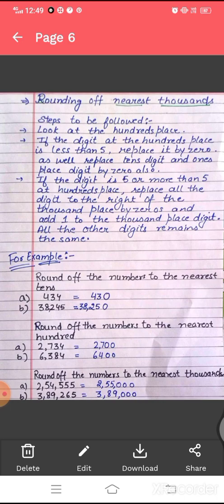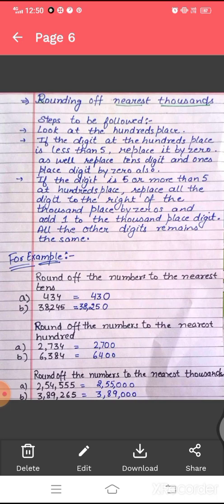Now we will take another example: round off the numbers to the nearest thousands. For that we have to see the hundreds place, whether it is 5, more than 5 or less than 5. Let us do part A, 2,54,555. If we see the hundreds place, 5 is written.